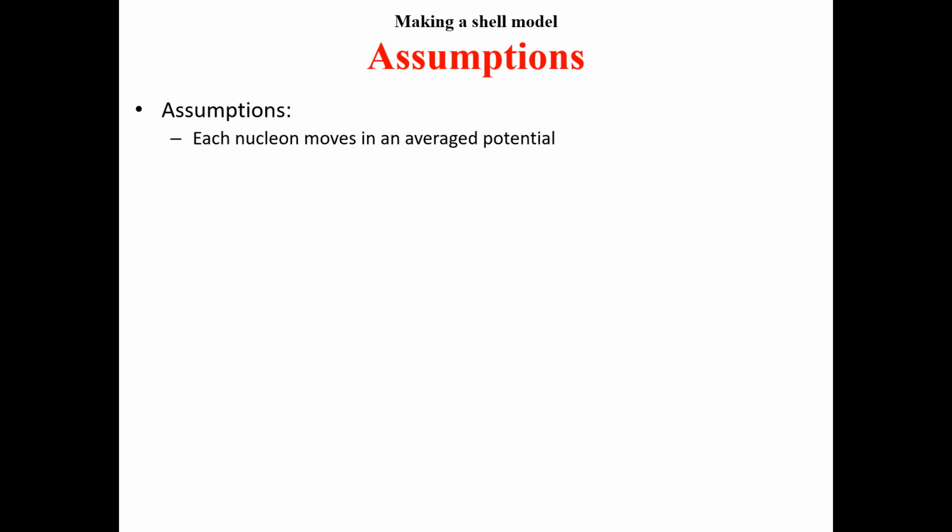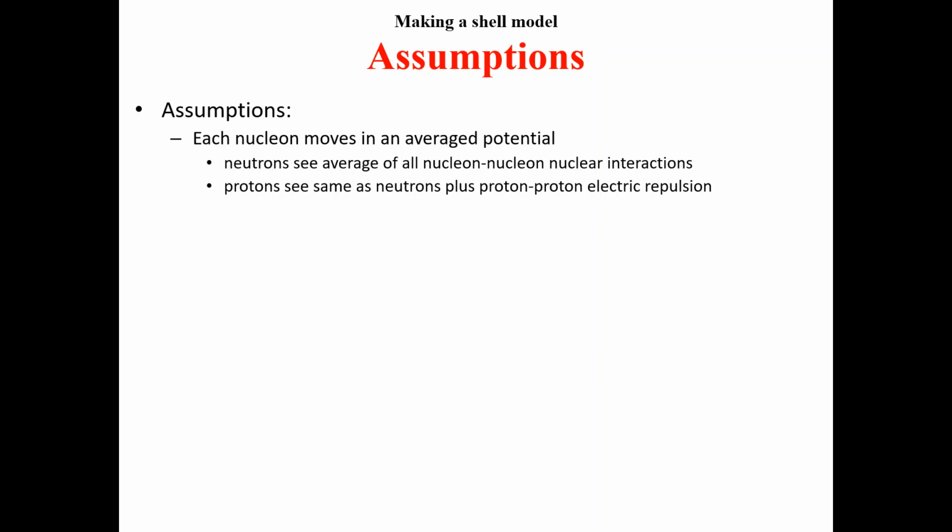That is, it has a specific value for a potential as it moves in that particular potential. What it means is that neutrons see the average of all nuclear interactions. Along with that, protons see the same as the neutrons plus the proton electric repulsion.